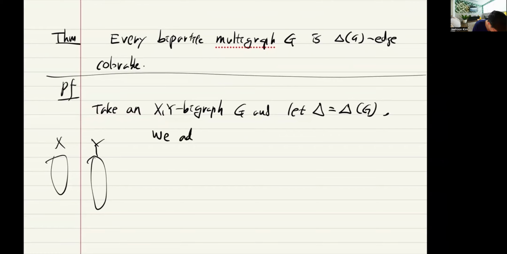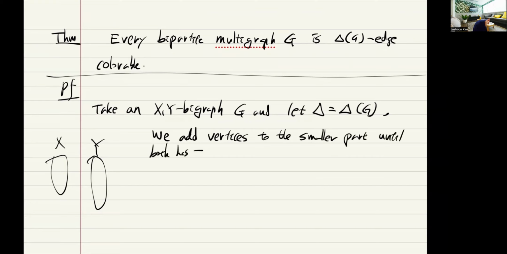What we do is add artificial vertices to the smaller part until both parts have the same size. So you add vertices to make them the same size.